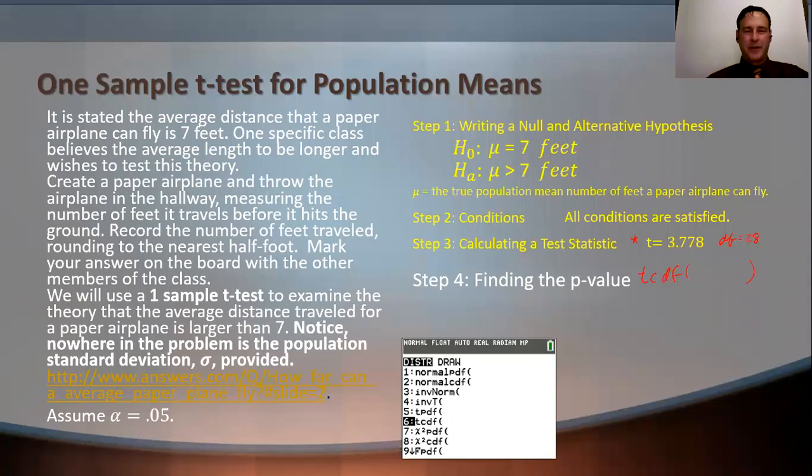Your first slide will look like this, and you have to do second, the kind of hidden command, second distribution. When you find that in your calculator, you go straight to 6, and it'll say tcdf. And what you're going to do is a lower bound.